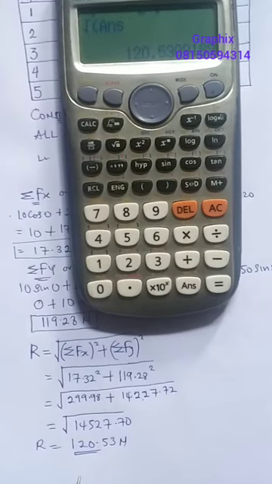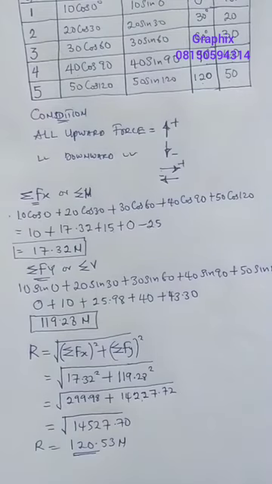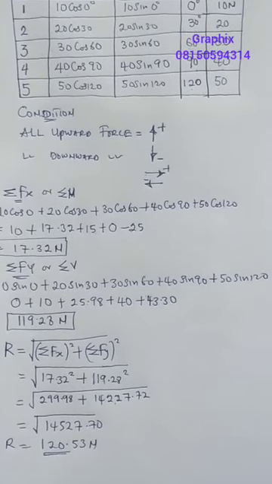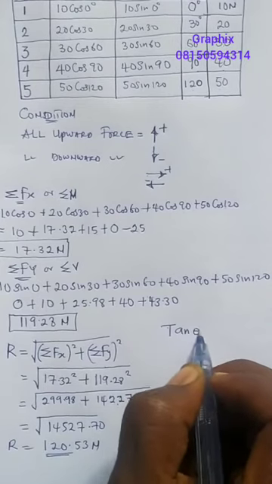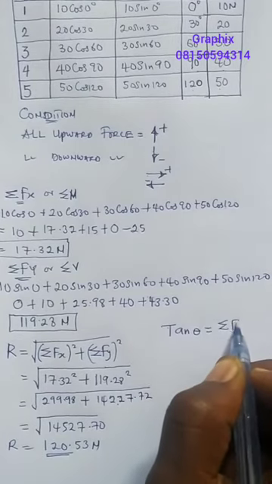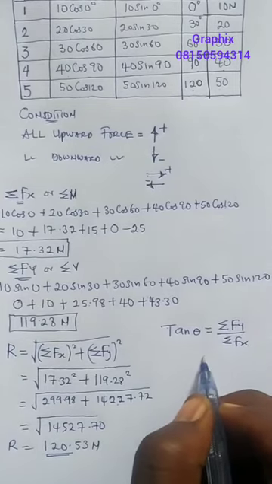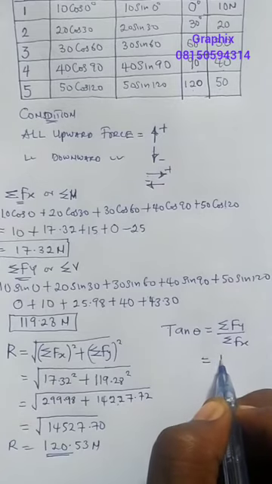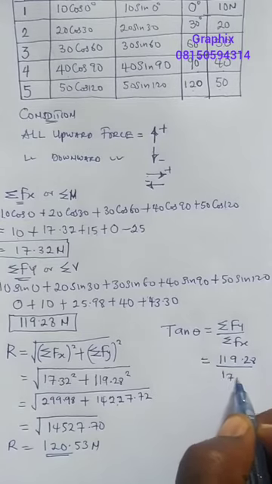Right? So after doing that, we need to calculate the angle of the resultant force. Calculating for the angle, tan theta is equal to the summation of Fy over the summation of Fx. We know our Fy is 119.28, all over Fx, which is 17.32.